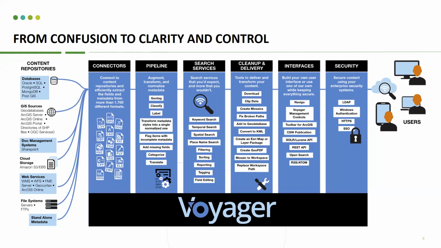If, for example, you have group access to a certain document, Voyager will maintain that. So you can connect your existing LDAP or SSO kind of permission with Voyager, so that only certain people can access certain documents.